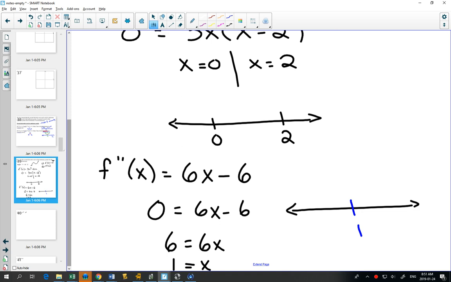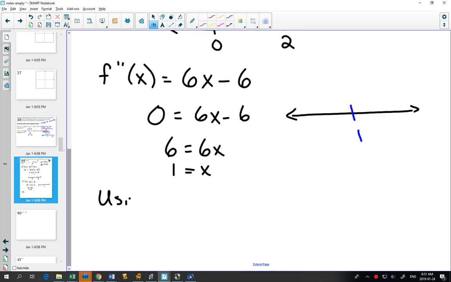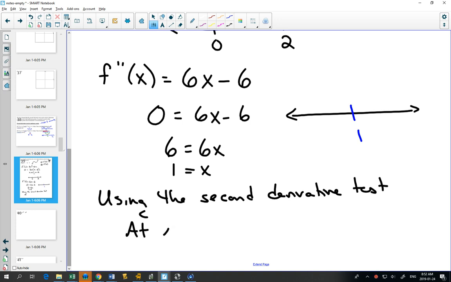Now, we don't need all of the information to find out, is 0 going to be a maximum or a minimum? So using the second derivative test, at x equals 0, we know that f prime of 0 is equal to 0.